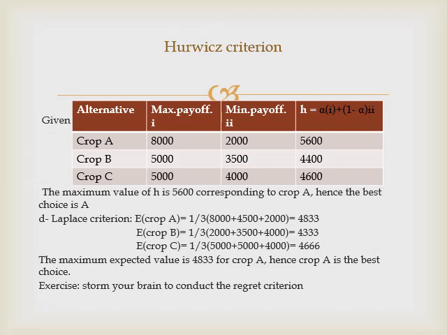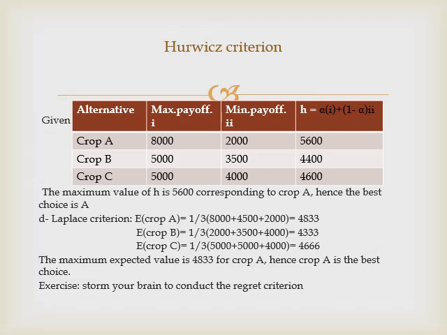So H equals alpha times I, or between brackets max payoff, plus 1 minus alpha times double I. Double I stands for my payoff.